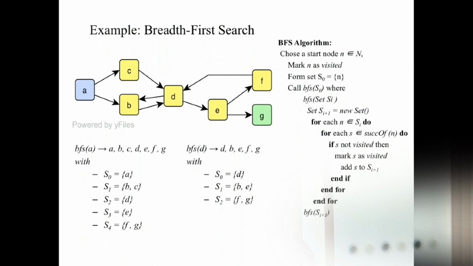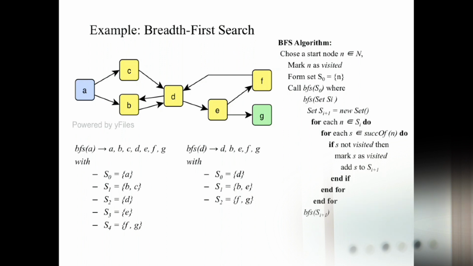So, for example, if we have called this method with S0, S0 is A, and for each n that belongs to S0, it has only one, which is A. A has two successors, C and B, and we check if C is not visited, we add it to this new set, which is S1.